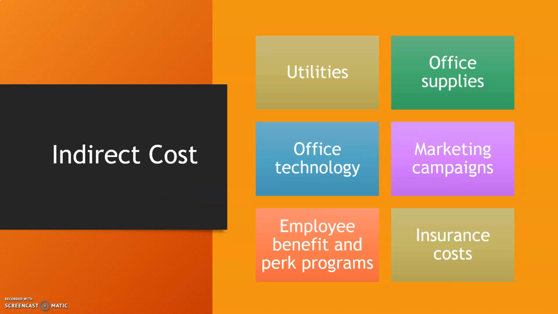Indirect costs, as we said, could be anything that has to do with overhead. For example, office supply could be the ink. If we're talking about paper that is used to print out for training and testing, then that will be kind of a direct cost. Utilities, the building, the space.